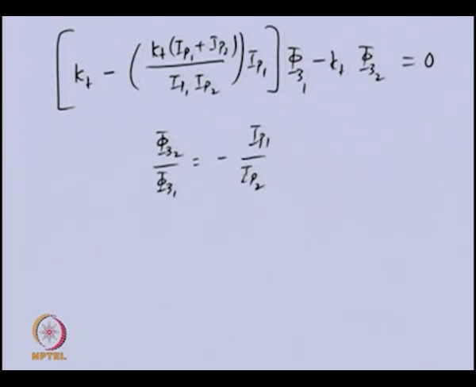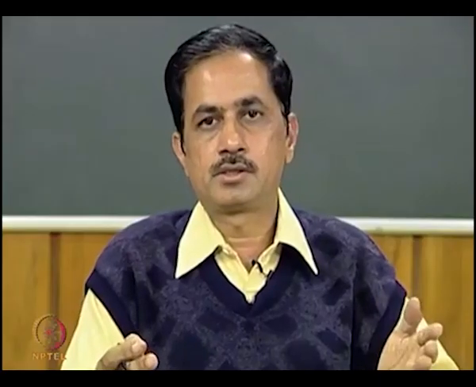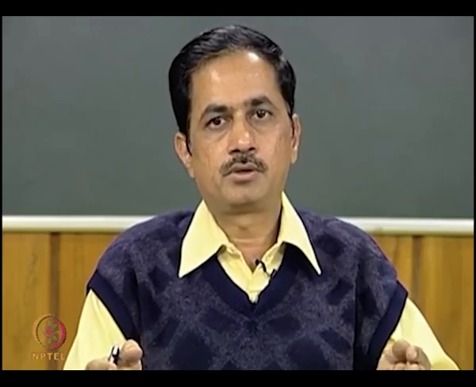So, here you can see that the relative displacement between these two discs will be inversely proportional to their polar mass moment of inertia. So, we expect that in this particular case, if one disc is lighter and another is heavier, the disc which is heavier will have less displacement as compared to the disc which is lighter.